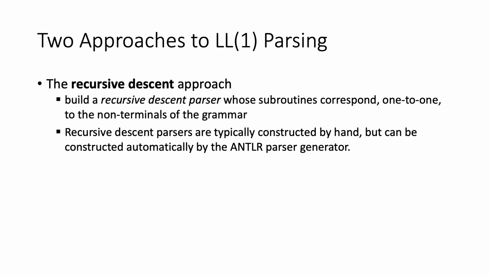However, they can be generated automatically by the ANTLR parser generator from an input grammar. But handwritten recursive descent parsers are most often used when the language to be parsed is relatively simple or when a parser generator tool is not available.